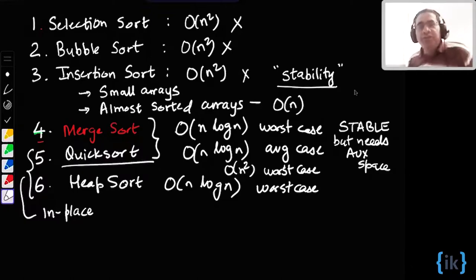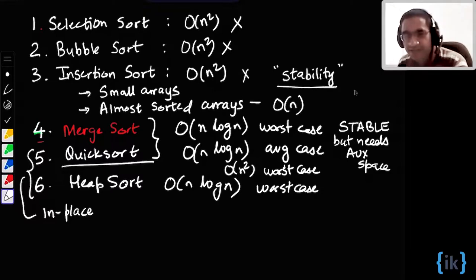Empirically, as I said, quicksort runs quite fast on typical inputs. Again, it depends on the input distribution, but for many use cases or most use cases in the real world, quicksort is good enough. So it's heavily used in libraries. Merge sort also is used in the form of timsort, since your application might need stability.